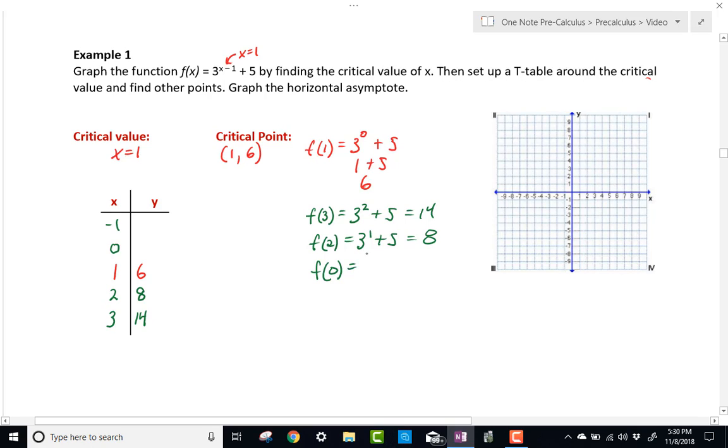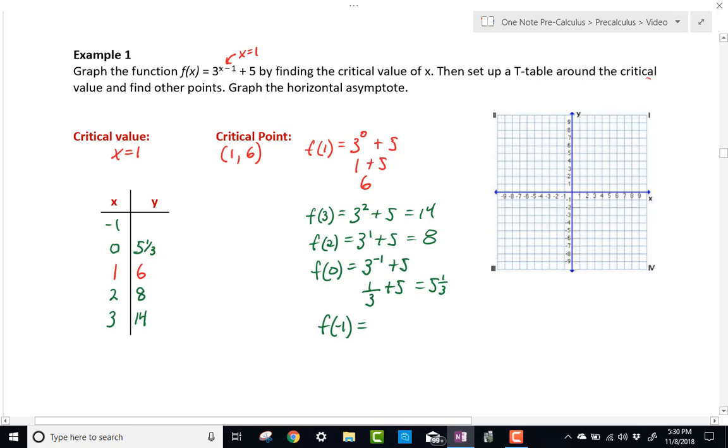Next one, we're going to plug in 0, so I get f of 0. Now this time I've got to be careful, because when I do 0 take away 1, I get 3 to the negative first power plus 5. And so 3 to the negative first power is 1 over 3 to the first power, plus 5, which equals 5 1/3. And then finally f of -1.